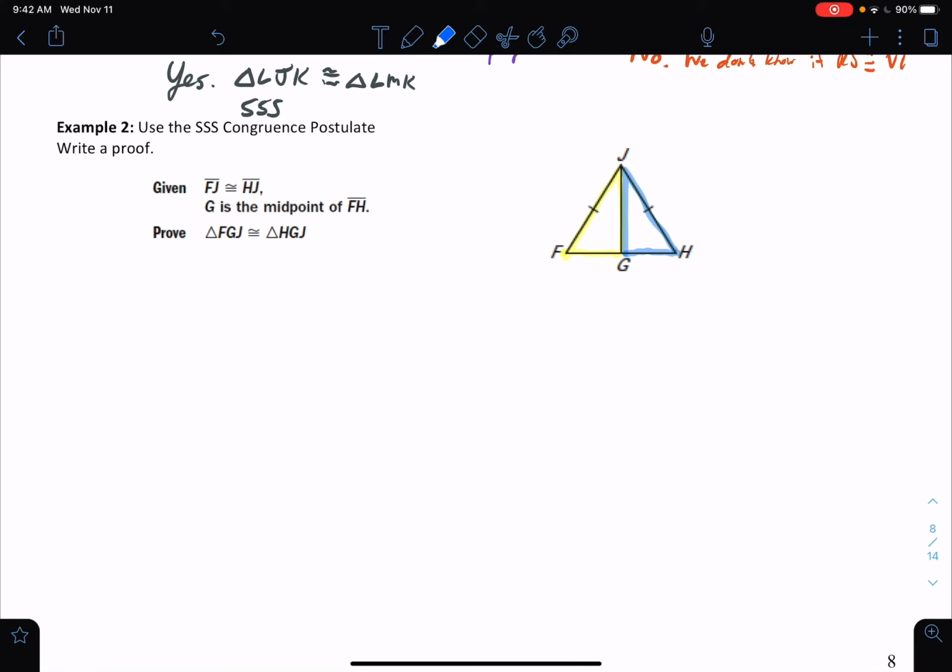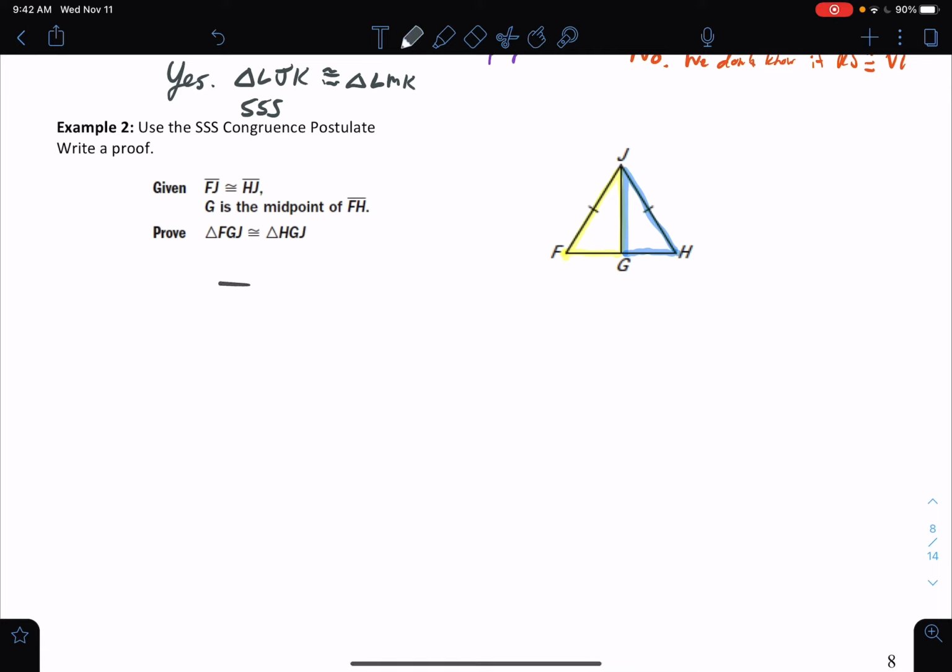All right, so how are we going to start with this? Well, we are always going to start with our givens and what that gives us. All right, so we are given that FJ is congruent to HJ. Okay, and how does that help us? So actually, hang on one second. I'm going to figure out how to write this.